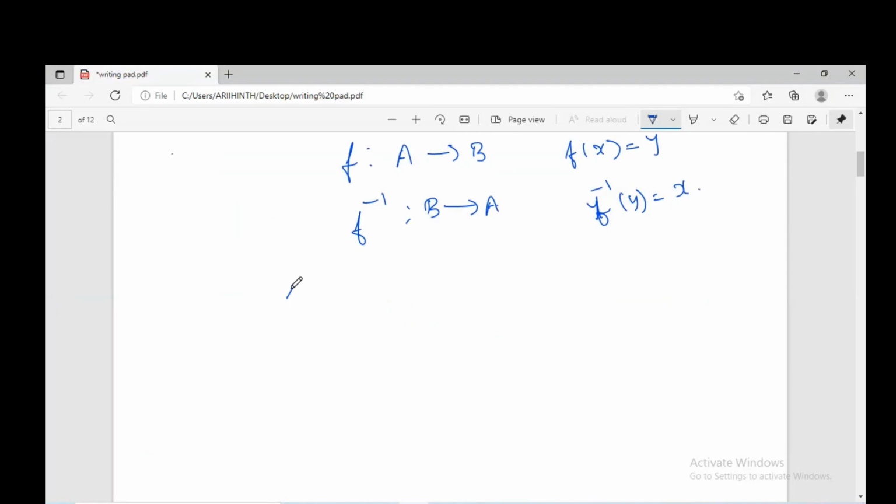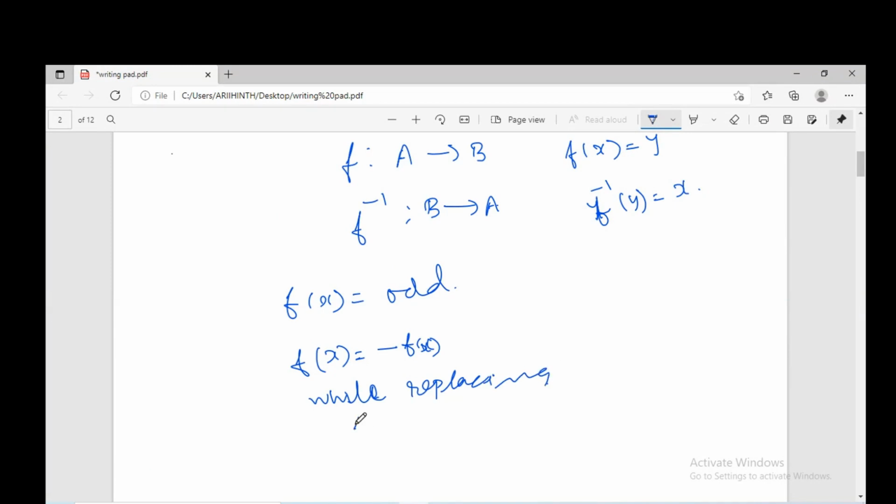A function f of x is said to be odd if f of minus x is equal to minus f of x. While replacing x with minus x, if you get f of minus x equal to minus f of x, it is an odd function.